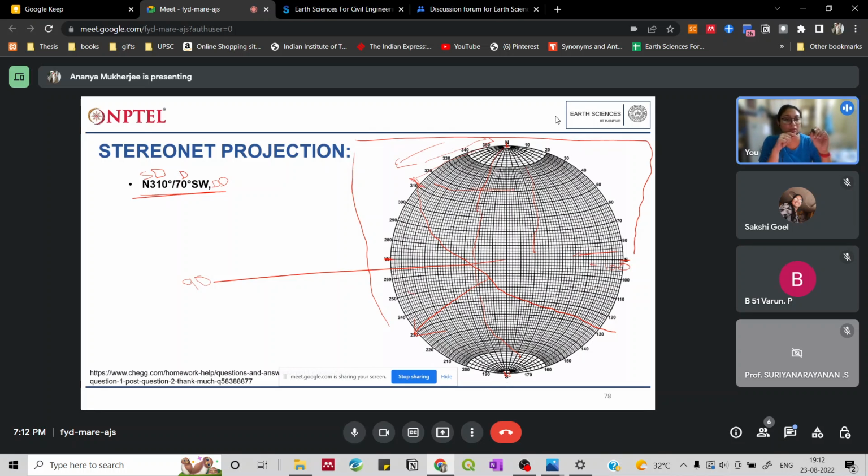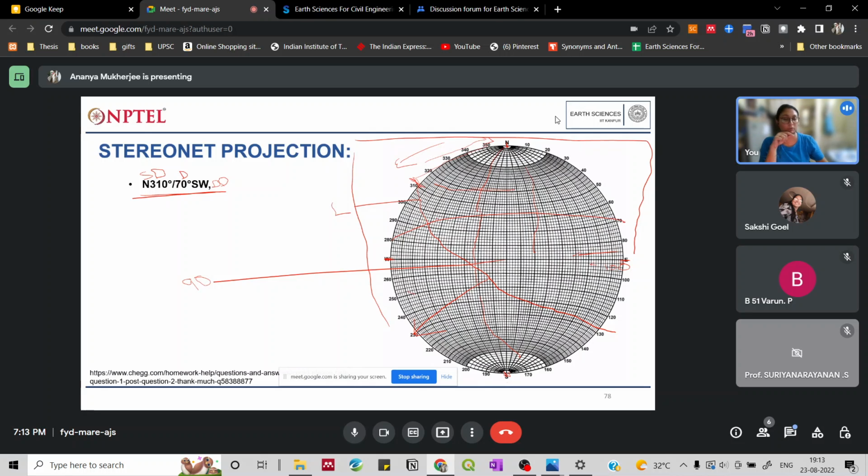And even for folds, you can trace out the limbs of the folds. Suppose the line that we have drawn over here is one of the limbs, and say another limb that you have traced out is like this.